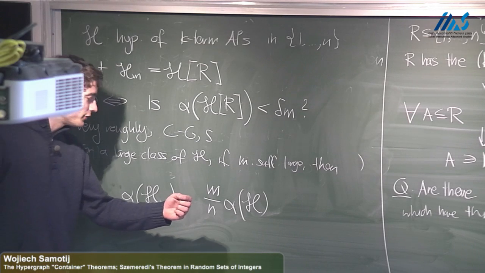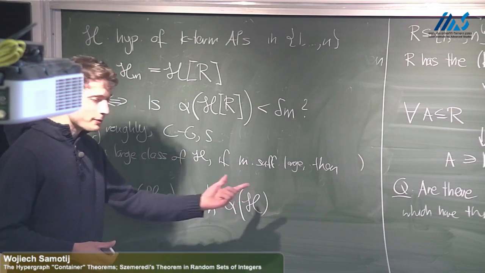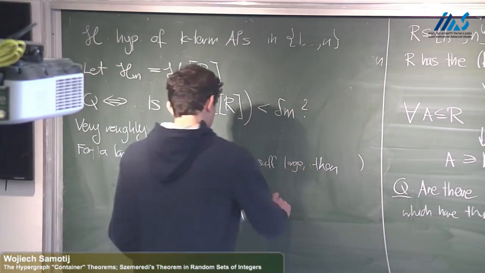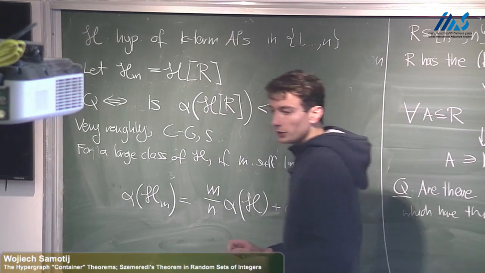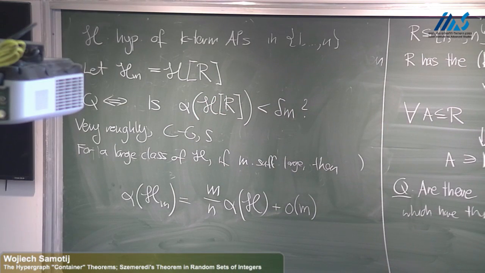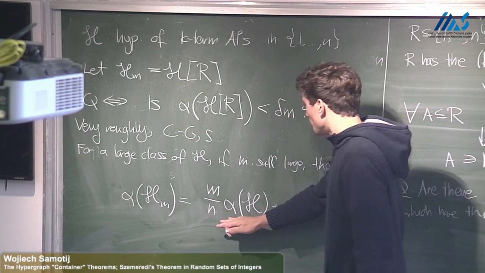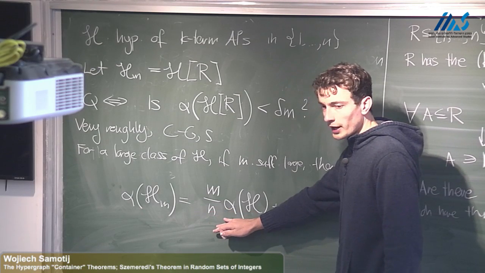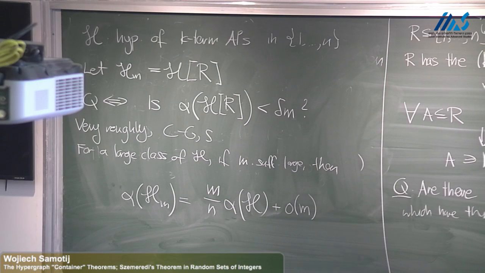So we typically will have an independent set of this size, but in fact, if m is sufficiently large, then no larger independent set will appear. And this error here is little o of m. So in particular, in the case of arithmetic progressions, since the largest subset which doesn't contain any arithmetic progression has size little o of n, we get little o of m plus little o of m, which implies this argument.